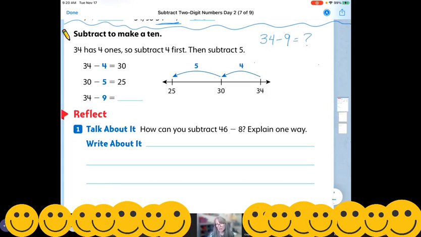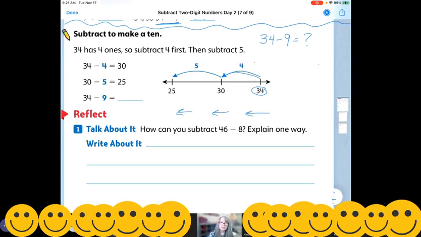On this number line, we're going a different way than on the other number line. Notice that the arrows are going this direction. They're moving down the number line. Our numbers on the number line, when we follow the arrows, are getting smaller. We go from 34 down to 30, and then finally down to 25, okay?